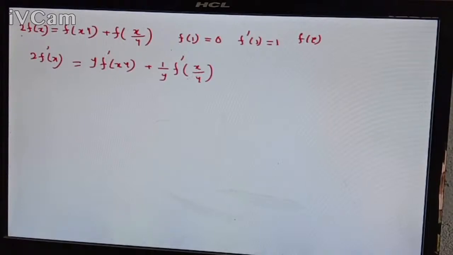Now, here, if I replace that x by 1, then we will get 2f dash 1 equals y f dash y plus 1 by y f dash 1 by y.